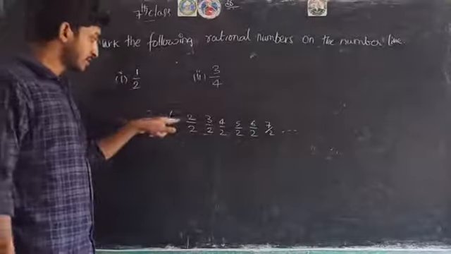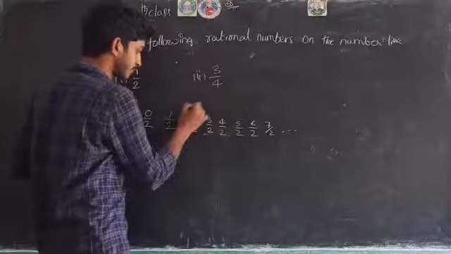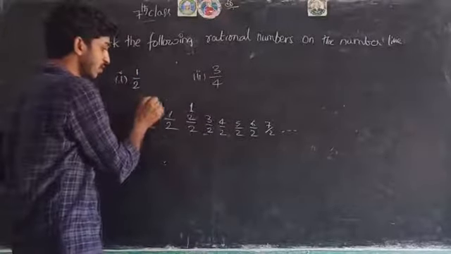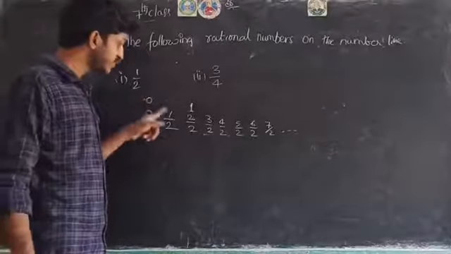See here, 2 by 2 means the 2 and 2 cancel and it is 1. 0 by 2 means 0; 0 by anything is equal to 0. So 1 by 2 is in between 0 and 1.